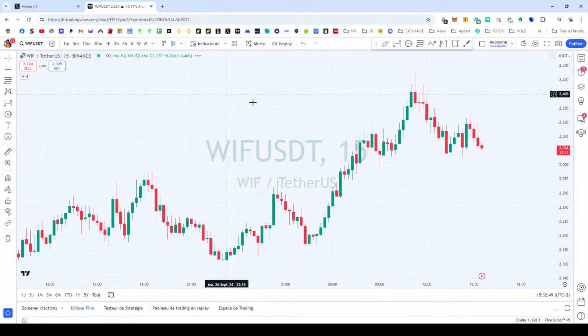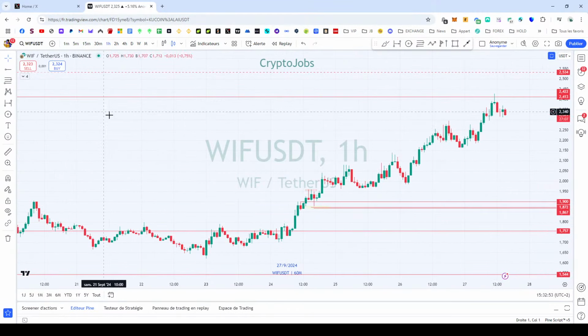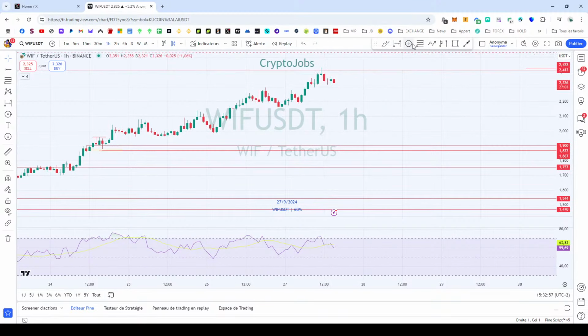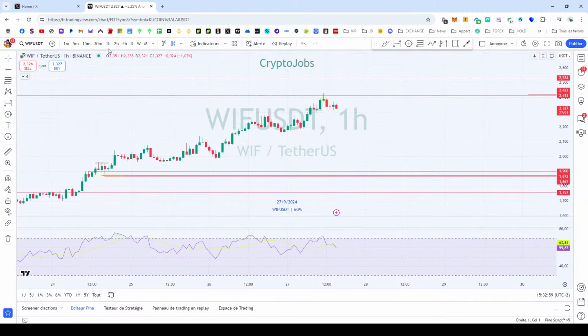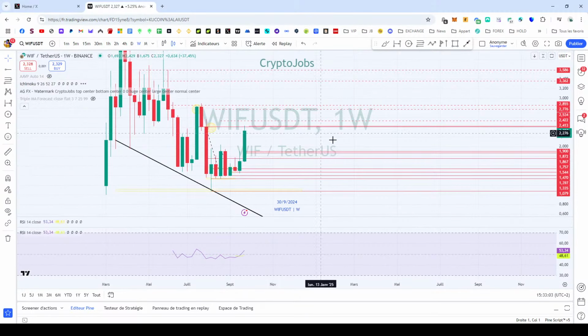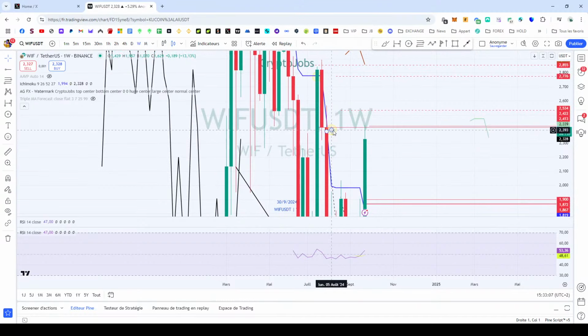It works pretty similarly, so we can expect a little correction. I won't FOMO into a long position right now. I think the price will tend to correct before another run, because of this open drive resistance candle.